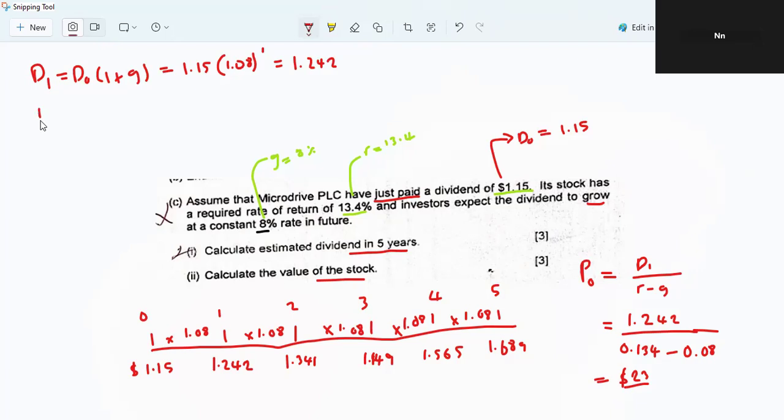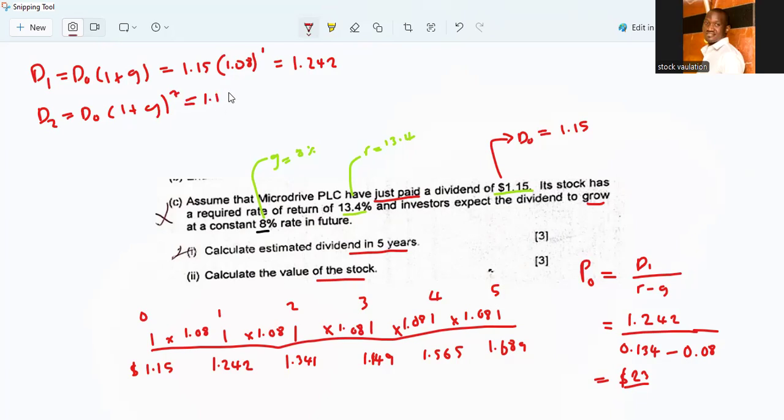I understood this part. D2, for example, is given by D0 times 1 plus growth to the power 2. So this is a long cut. You can choose the long cut or the shortcut. Even if you go through this route, you'll still get the same answers.